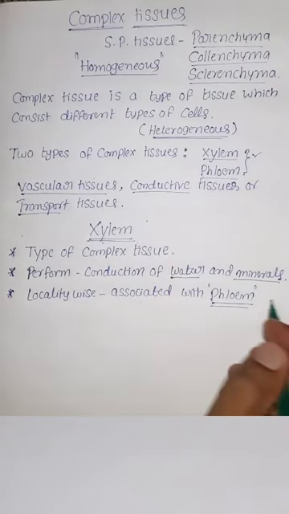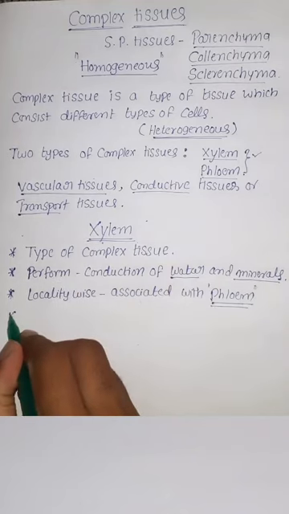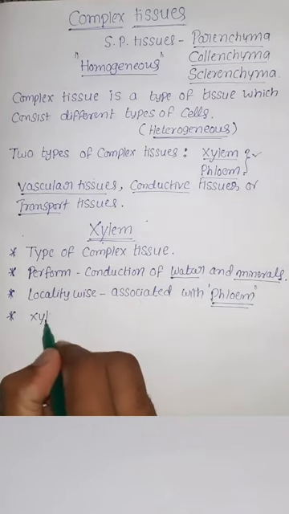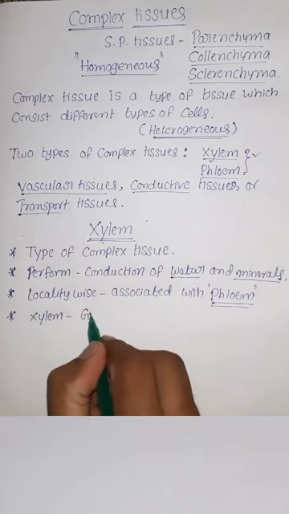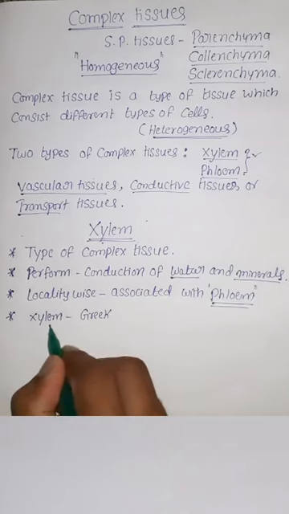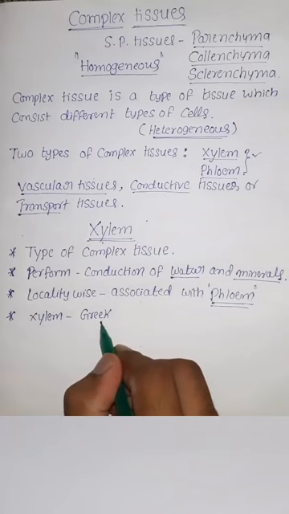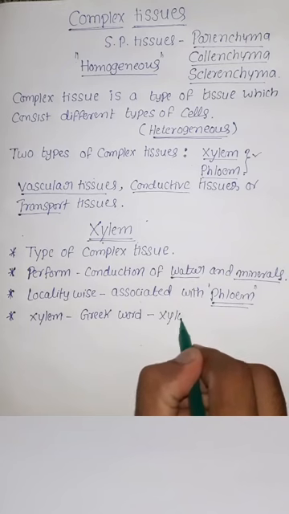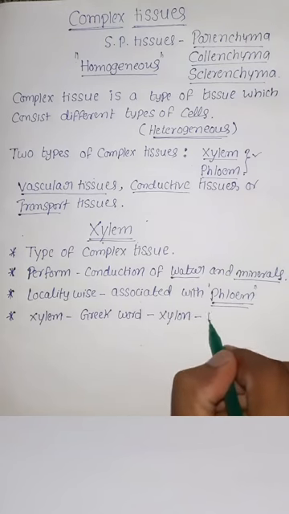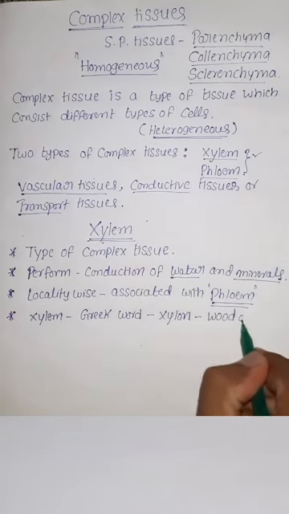Next, the term xylem originated from a Greek word called xylon, which means wood or timber.